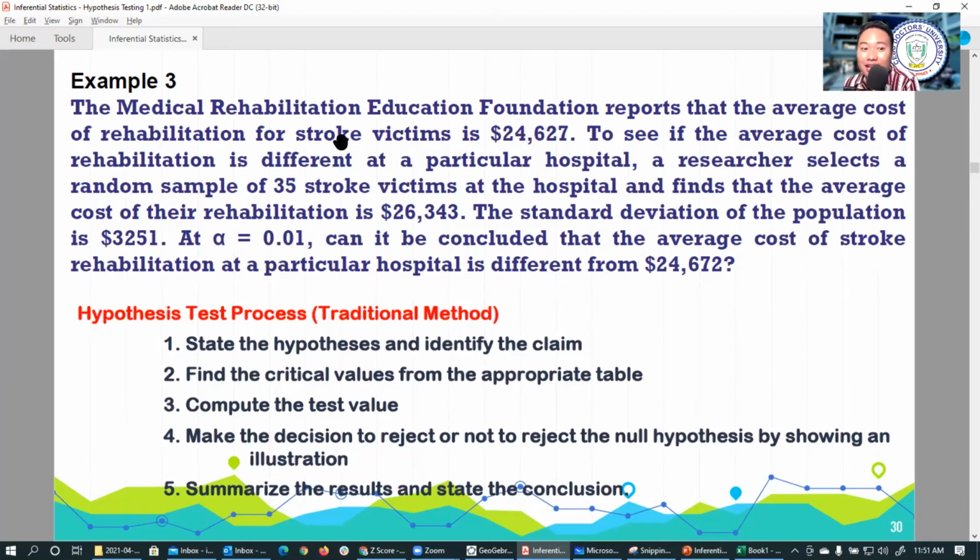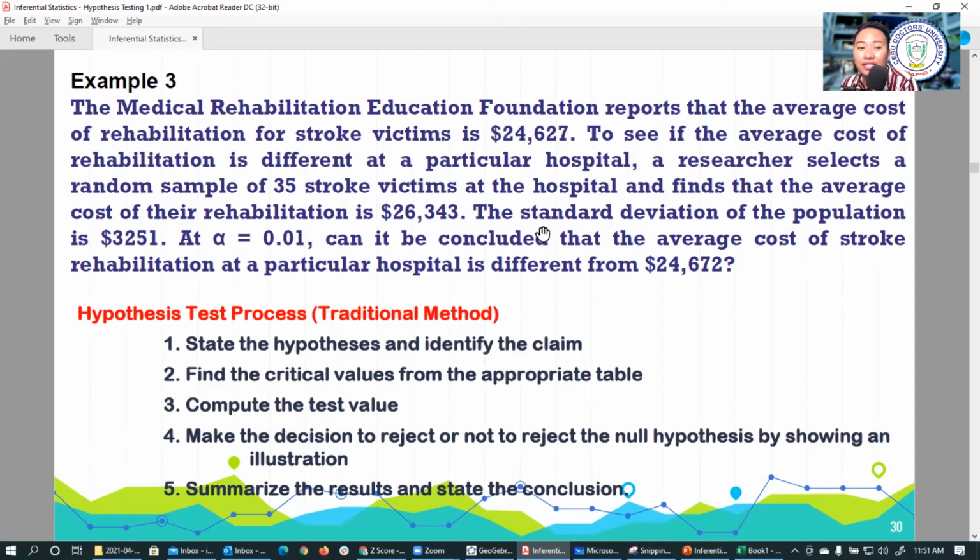24,627. That's a given. To see if the average cost of the rehabilitation is different in a particular hospital, a researcher selects a random sample of 35 stroke victims at the hospital and finds the average cost of their rehabilitation is $26,343.